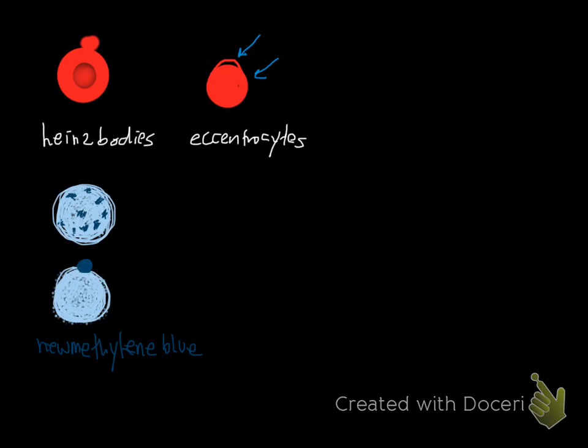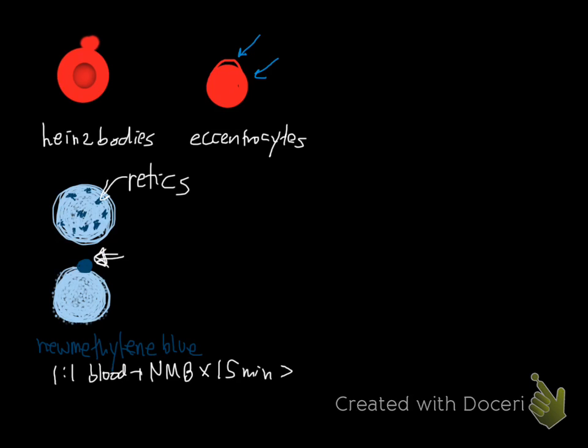You take 1 drop of blood, so it's a 1-to-1 ratio of blood and methylene blue, and you let it incubate for 15 minutes or more, and then you make a blood smear. And why you do that is you're looking for either reticulocytes, and that's what those are, or you can find Heinz bodies. And Heinz bodies on retic stain or on the methylene blue stain are blue.